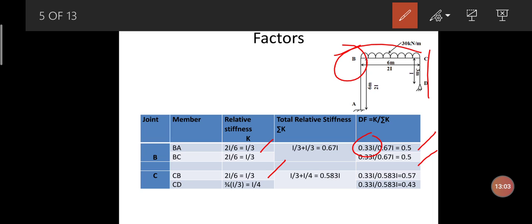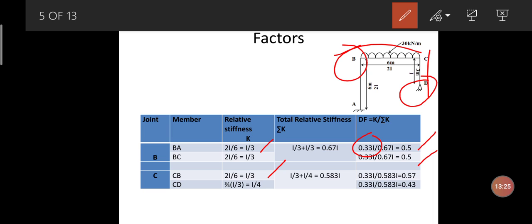So next, coming on to member CD, I need to calculate the relative stiffness. D is the farther end for C, wherein D is the hinged support.